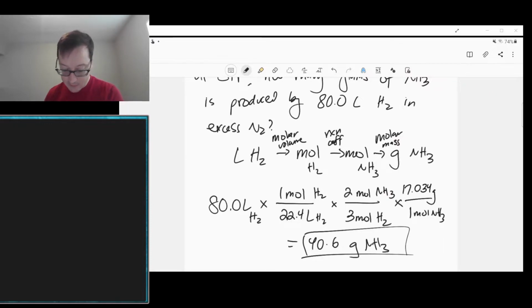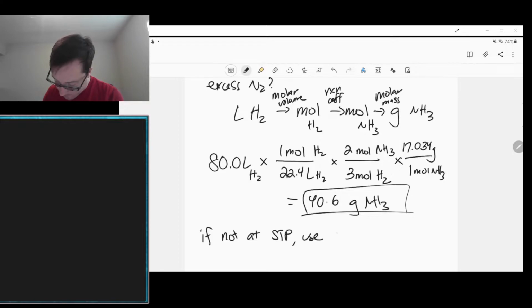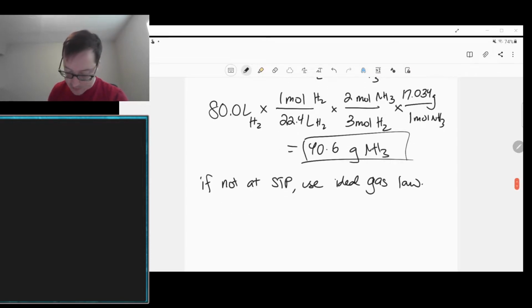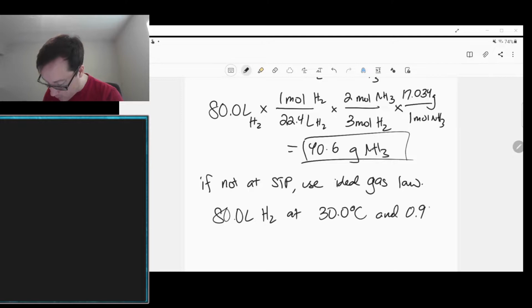And we're going to see that if we're not at STP, we're going to have to use the ideal gas law. So let's say we do the same thing. We have 80 liters of H2 at 30 degrees Celsius and 0.942 atmospheres.